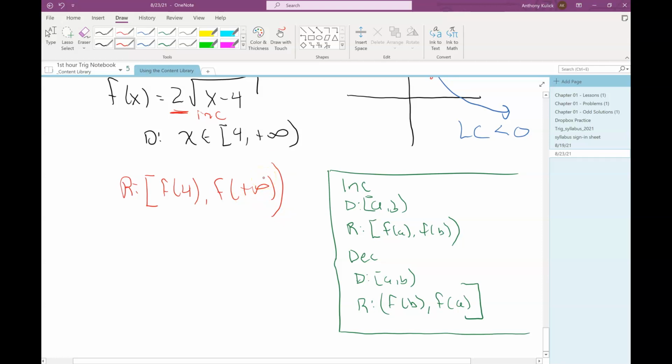And the bracket and parentheses should stay the same as they were. Now when I plug 4 in, I have 2 times the square root of 4 minus 4. And 4 minus 4 is 0. And the square root of 0 is 0. And 2 times 0 is 0. Everybody's okay there?